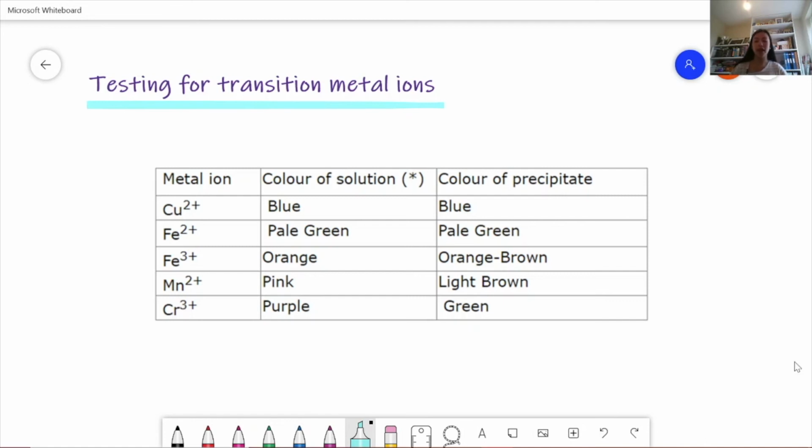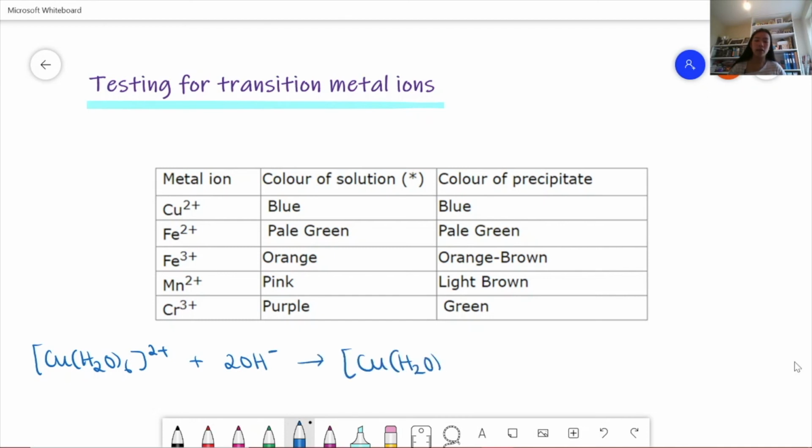So for example, if we had the copper 2+, we would start off with this ion, and then we would add some sodium hydroxide, and we would form this precipitate, and also 2 waters. Because the new complex which is formed has no charge, it's a precipitate. And for the example of copper, it should be a blue precipitate.